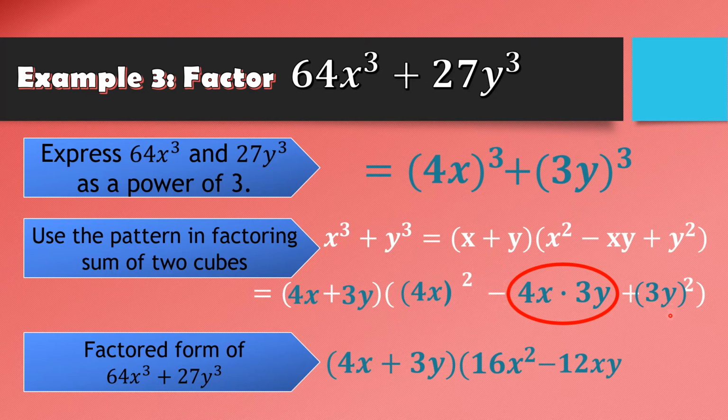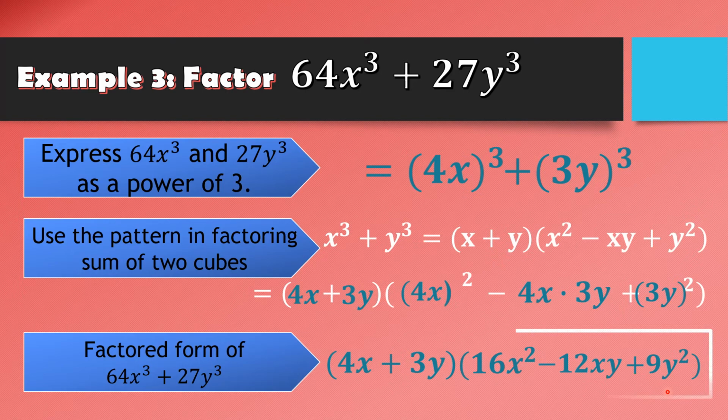Then, the square of 3y is equal to 9y squared. Therefore, the factored form of 64x cubed plus 27y cubed is quantity 4x plus 3y times the quantity of 16x squared minus 12xy plus 9y squared.